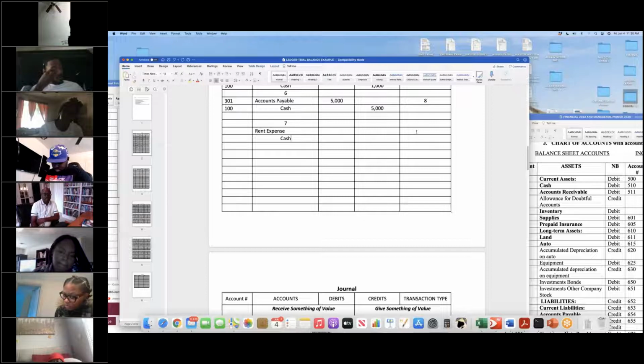What type is this? 9. What's our amount? 3,000. Cash is 100. What's rent expense? 651.